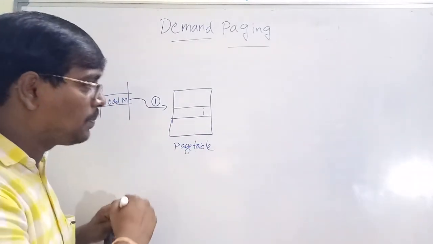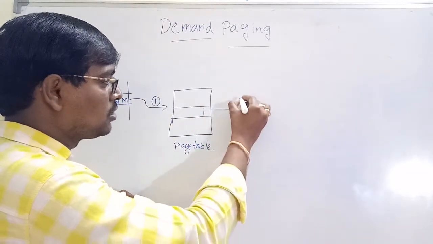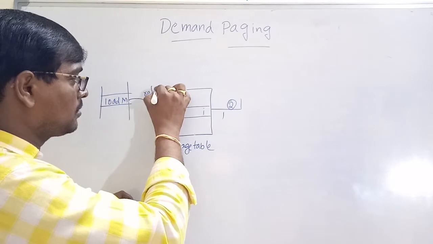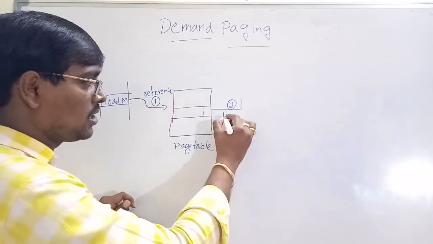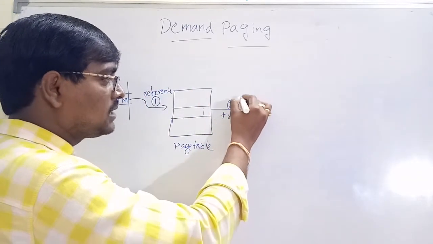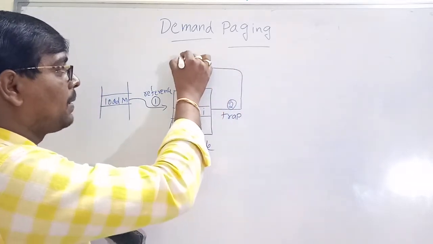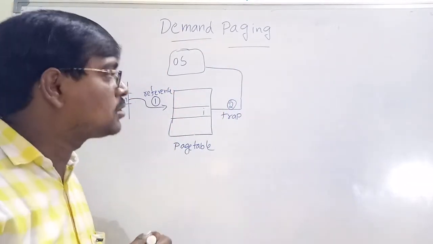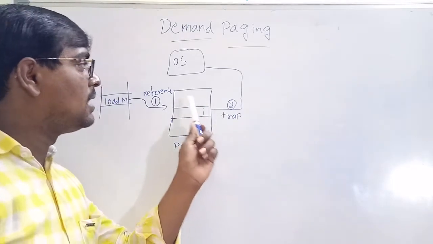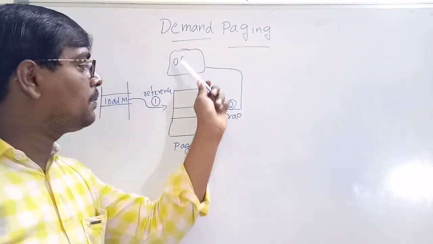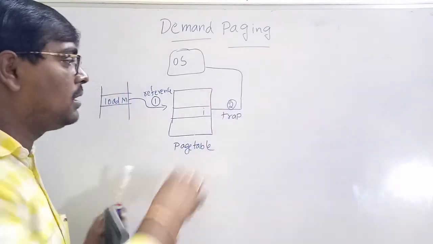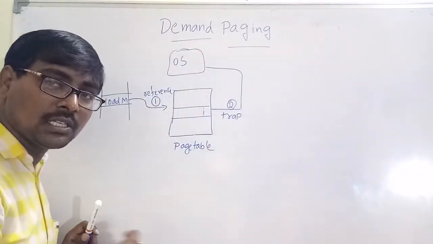Then the next step is to place a trap message to the operating system, that is, send a message to the operating system that the required page is not present in the memory.